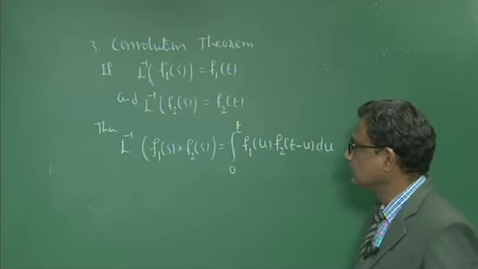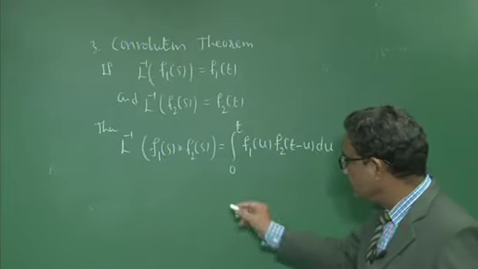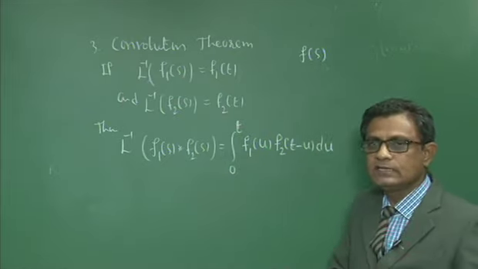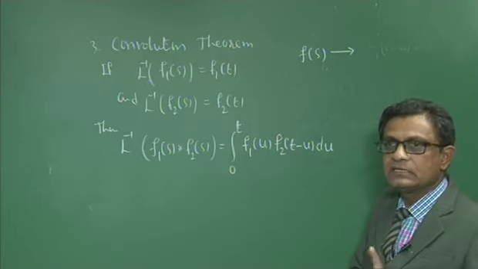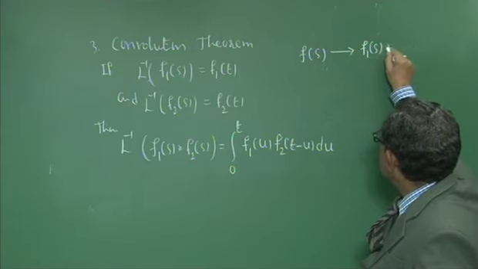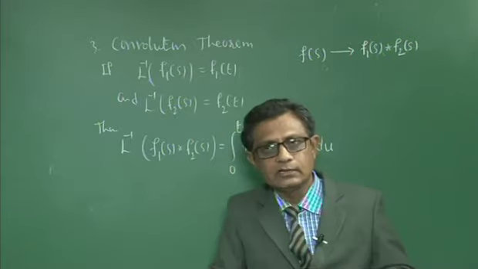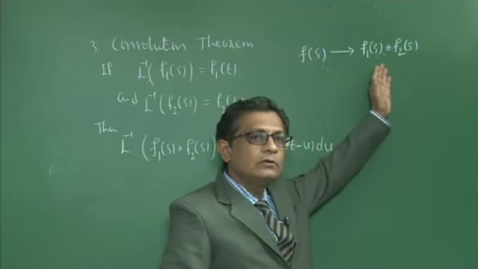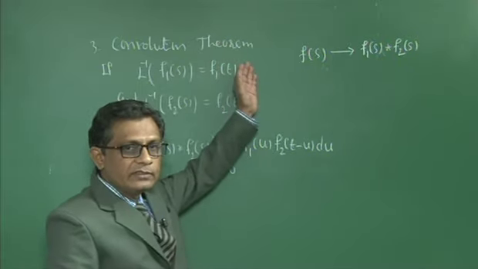This is the formula. Now, when do you have to use it? When the given function f of s can be expressed as a product of two functions, the first function F1(s) and the second function F2(s), in that case you can use the convolution theorem.